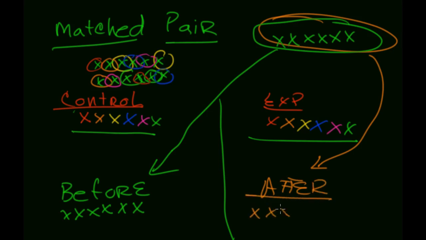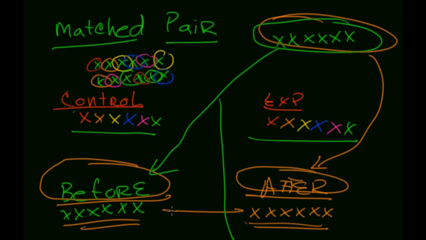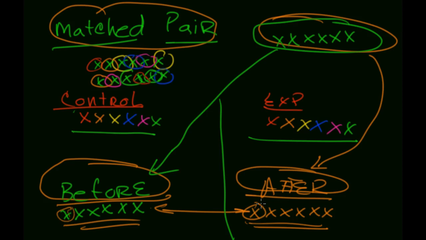So I'm almost like pretending like these are 6 different people. Like these folks are the exact same people as these folks. These are the people who, what they were like before the treatment. This is what they were like after the treatment. But this is actually an example of a matched pair design. Okay, because here I have the before person matched with the after person. It's the same person, but it's just a matter of whether or not they had the treatment that's being tested in the experiment.